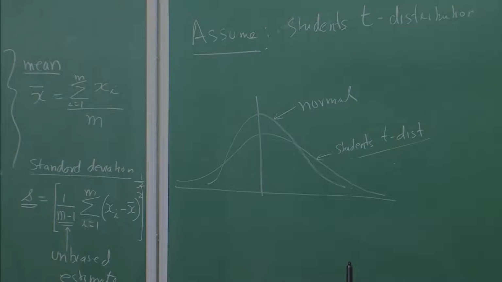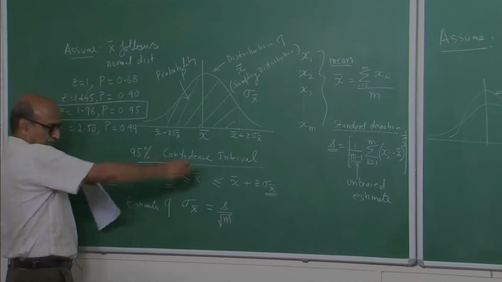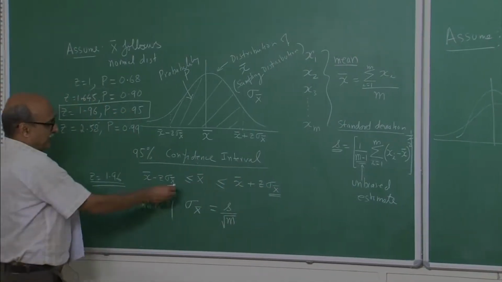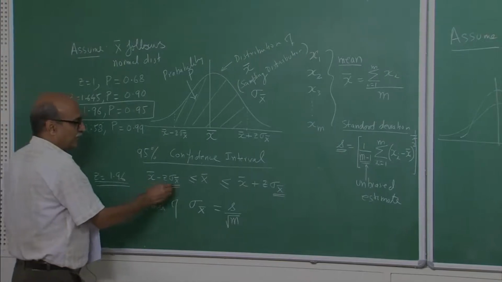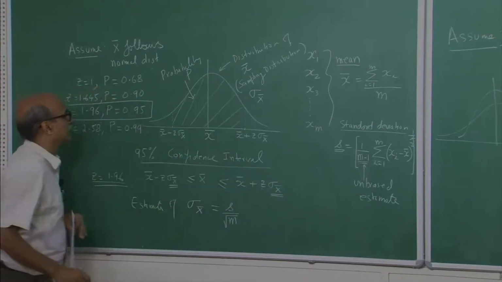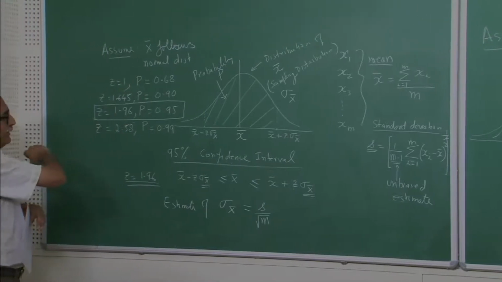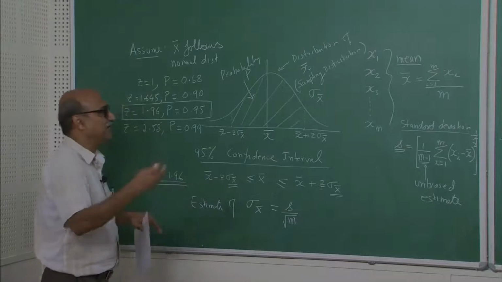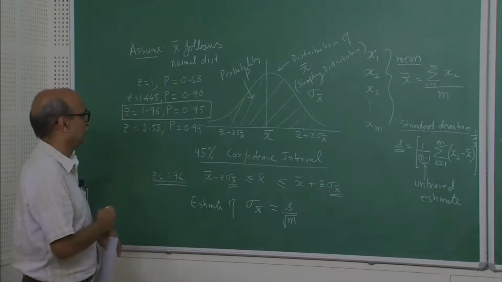In that case, the only difference in finding out the confidence interval would be that instead of using a value of z which is coming from the normal distribution, we have to replace this z with the t value coming from the student's t distribution.